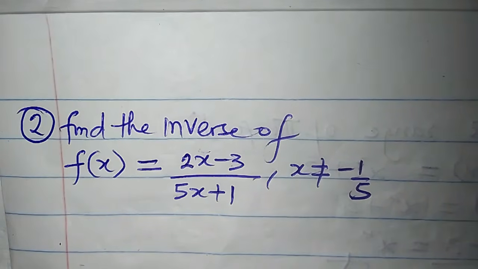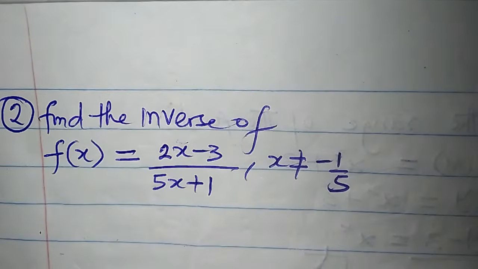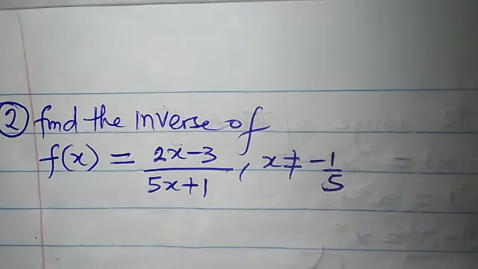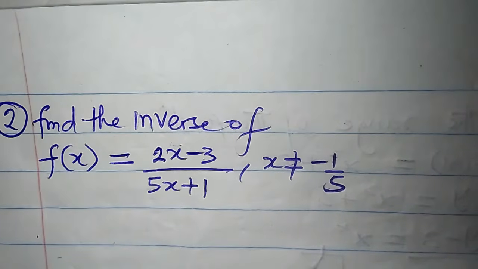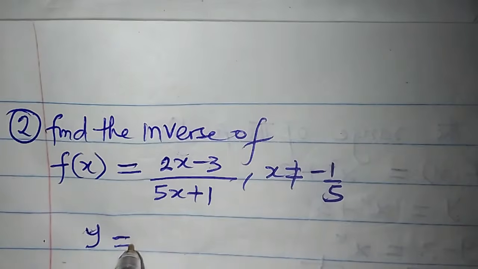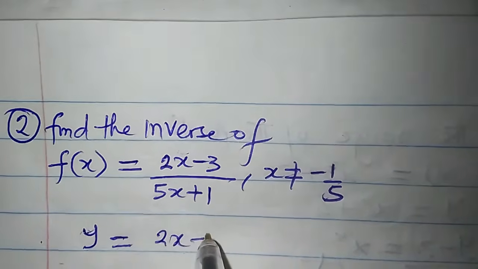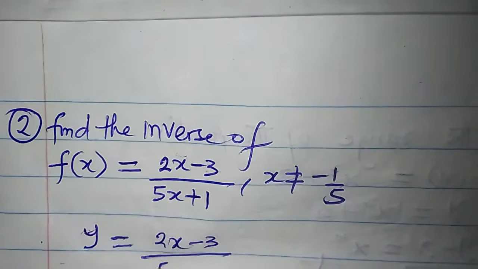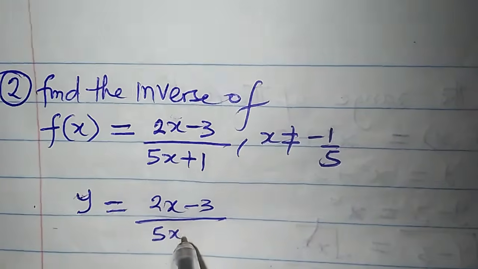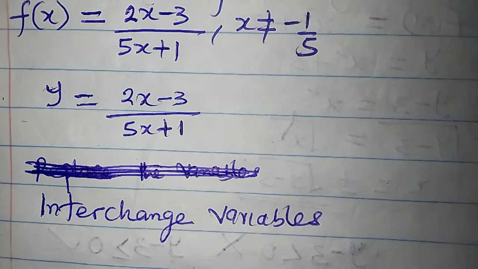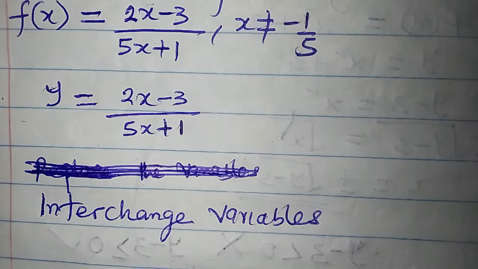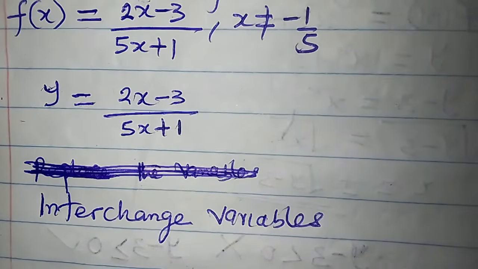Okay? Now, the first thing to do here is to replace that f of x with the image of x, which is y. y is equal to 2x minus 3 all over 5x plus 1. So what we'll do now is to interchange the variables. In place of y, put x.